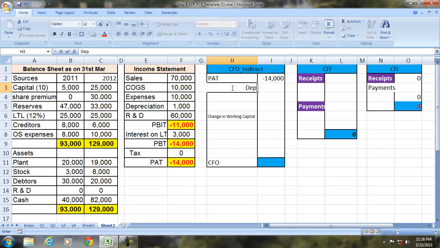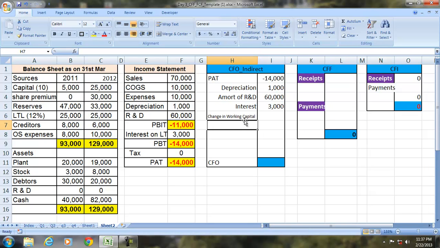Non-cash is the depreciation, add back depreciation. Non-cash is the amortization of R&D, add back amortization. Interest is treated as a financing item, so it is non-operating, so add back interest on the loan.